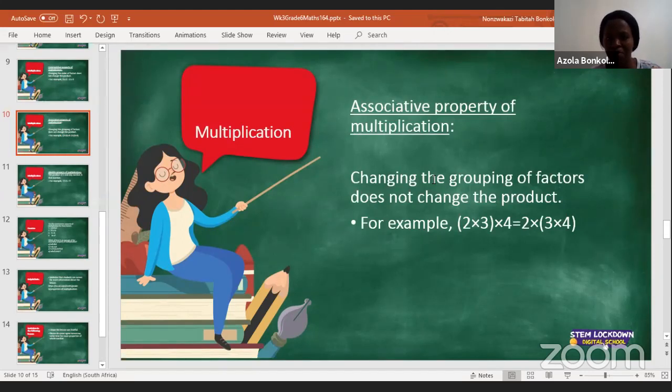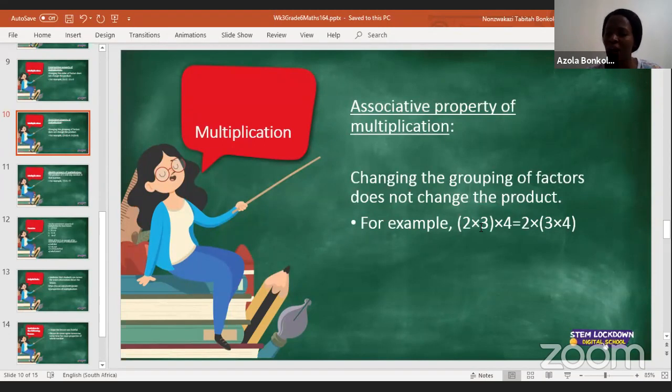It's the same as the addition. However, now the answer will come from multiplication because we are not adding. So I said earlier on that whenever we have brackets, we first work out the answer in the brackets, we first deal with the brackets, and then we come and use the number that is on the outside, whether it's addition or multiplication or division or subtraction.